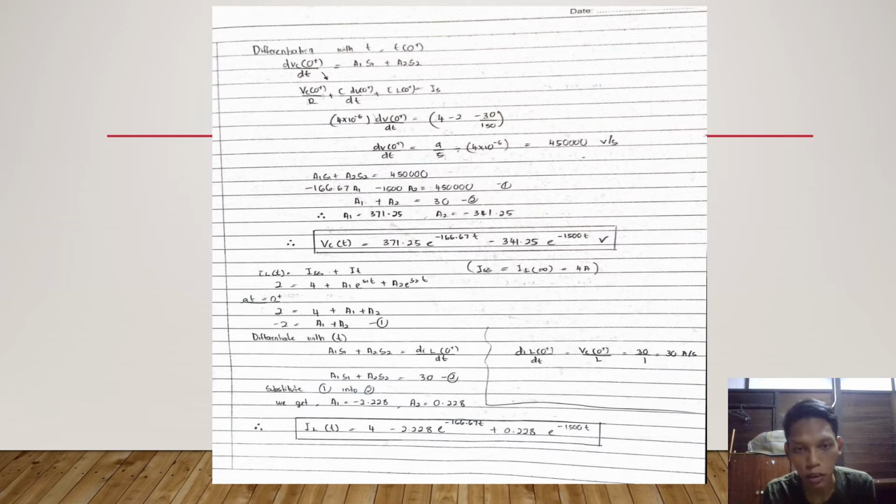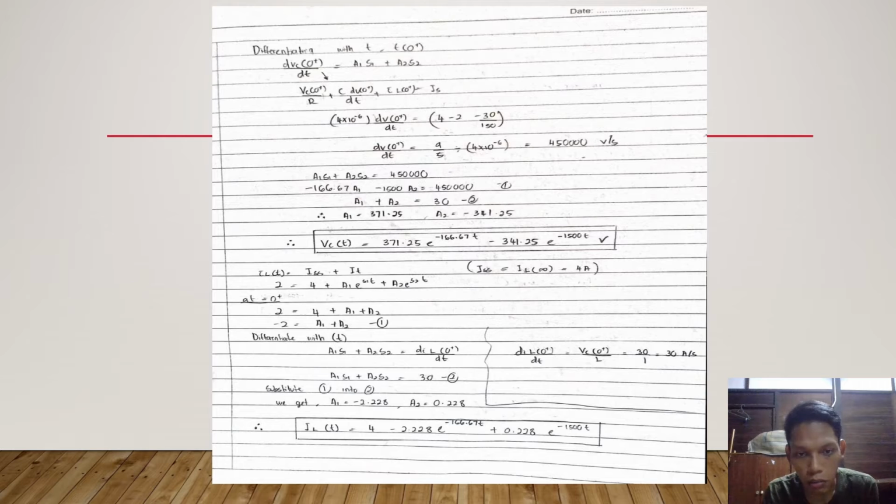We put these into the formula. For iL(t) equal to iL(ss) plus i(t), we get negative 2 equal to I1 plus I2. We differentiate with respect to t, and we get I1 s1 plus I2 s2 equal to diL(0) over dt.